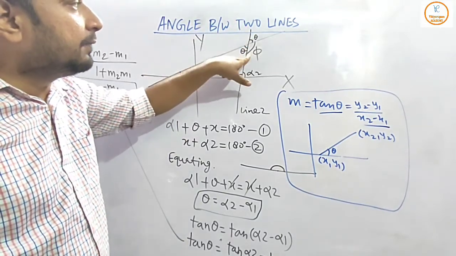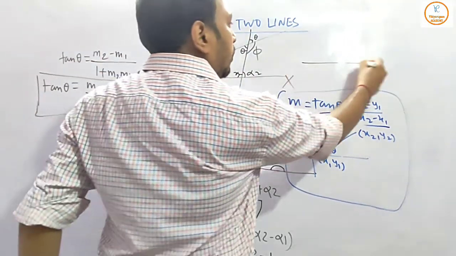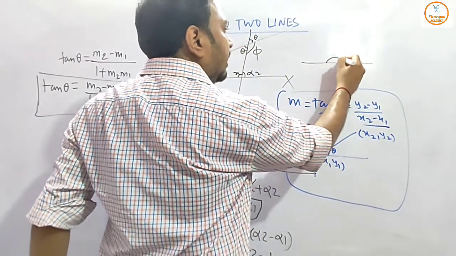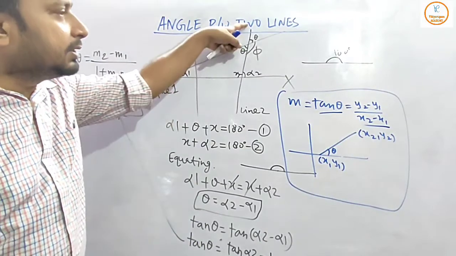These are the two angles, theta and phi, on a straight line. I've told you in the beginning that a straight line makes an angle of 180 degrees. That's why it is a straight line.